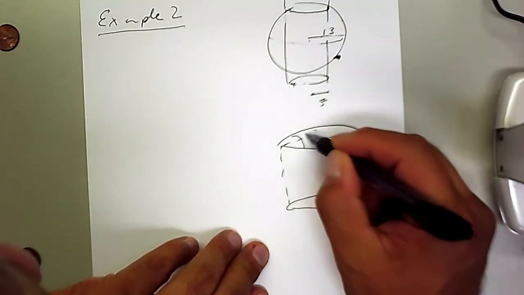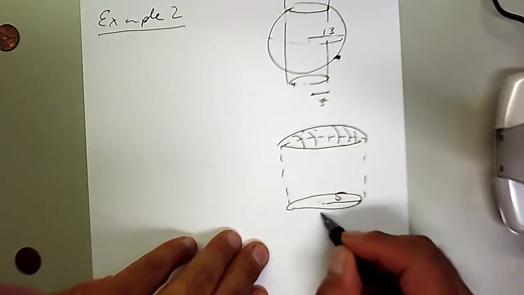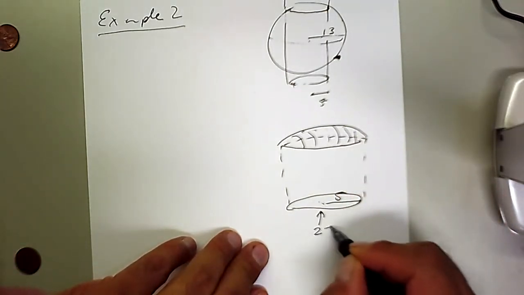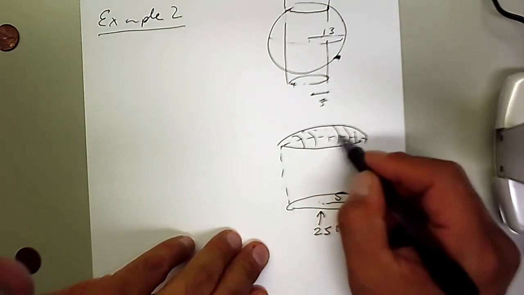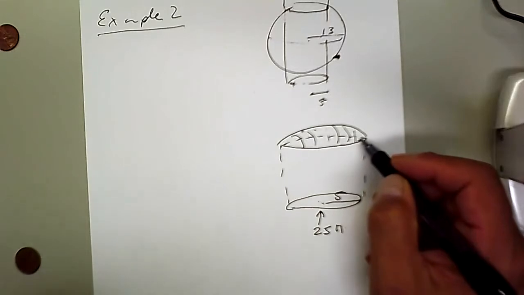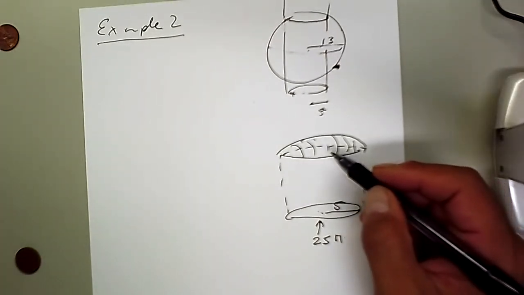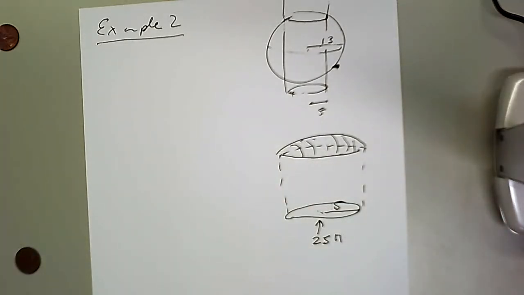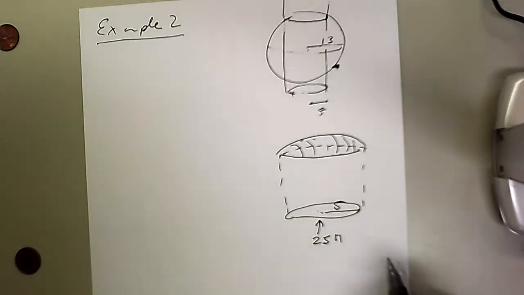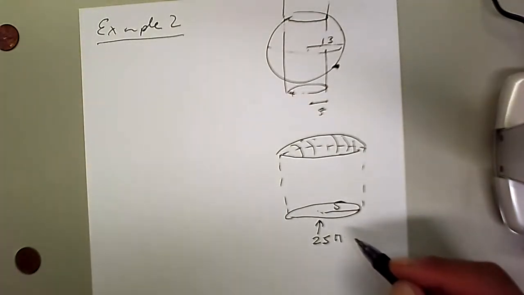Now the area is bigger. The area down here is pi r squared, 25 pi. If the radius is 5, then the area of this better be more than 25 pi. I'm looking for my calculator. Anyway, 25 pi is somewhere in the neighborhood of 75.